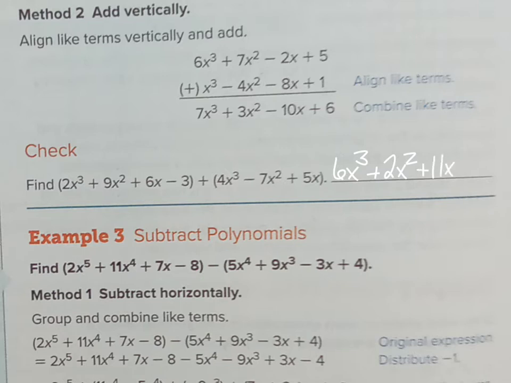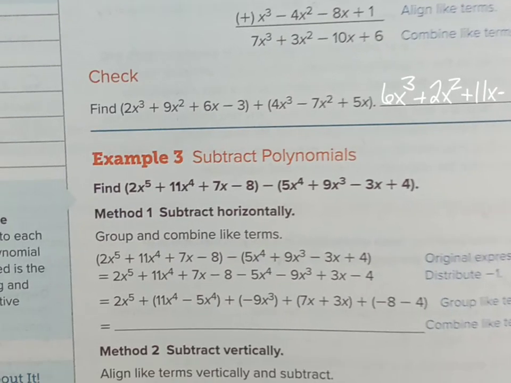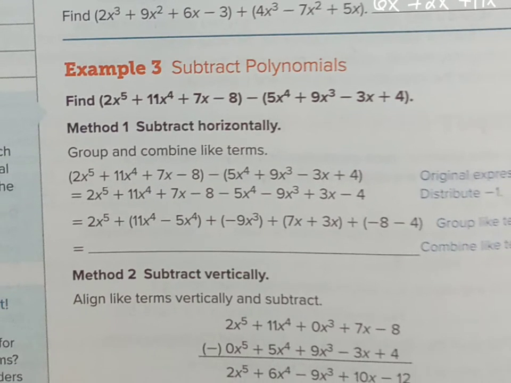A positive 11x. And then that minus 3 doesn't have a like term, but you still got to write it. Is that okay? Right, nothing to it. All right, watch your signs, right? Every time I do it, I can tell you to watch your signs 100 times, and some people just aren't going to do it.